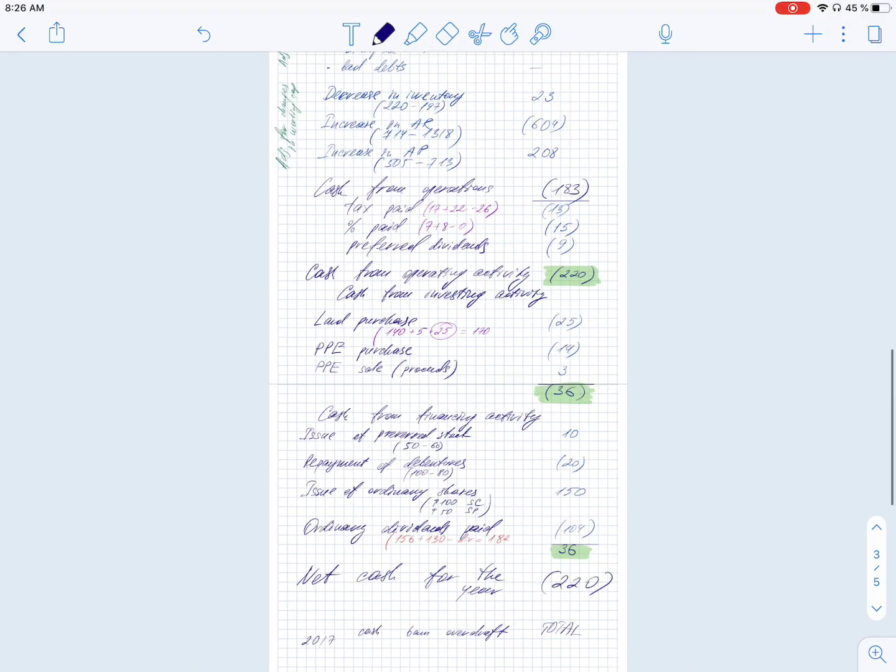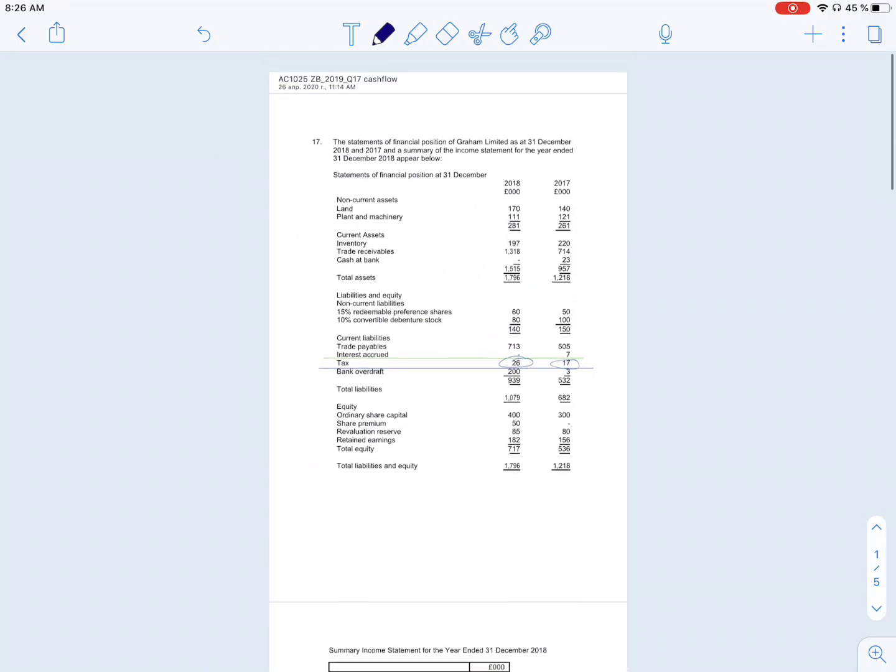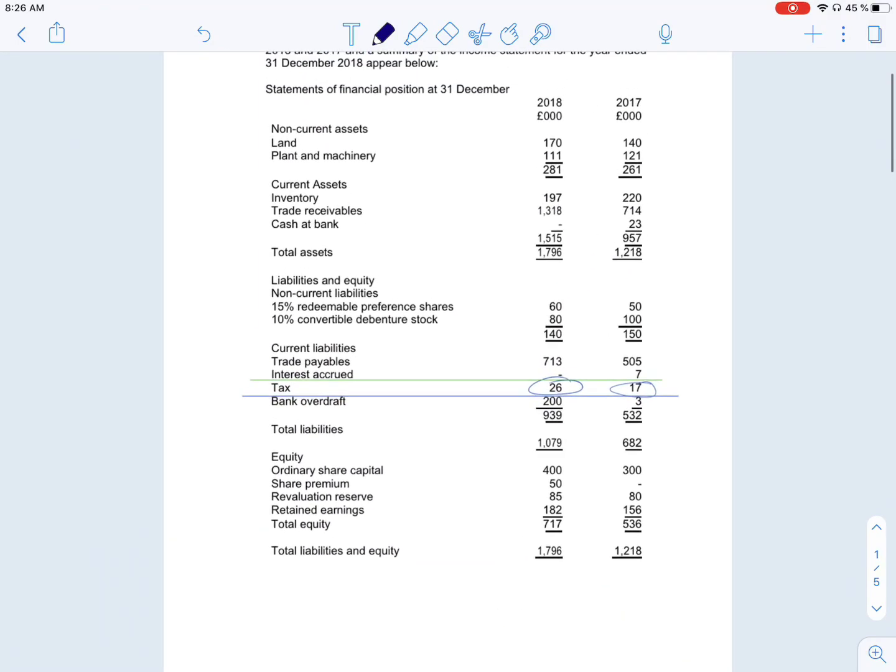We have to look at the statement of financial position. We don't have a special line for cash, so we assume cash to be zero. Cash at bank at the beginning of the year was 23, and overdraft at the beginning of the year was 3. I will highlight it with pink.